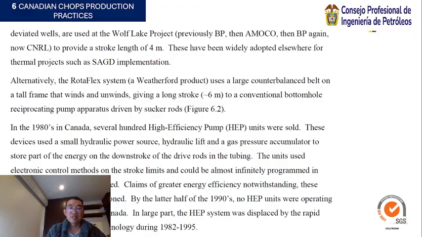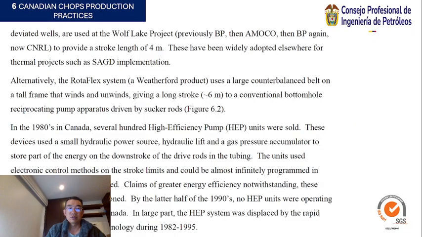In the 1980s in Canada, several hundred high-efficiency pump units were sold. This device used a small hydraulic power source, hydraulic lift, and gas pressure accumulator to store part of the energy on the downstroke of the drive rod in the tubing.